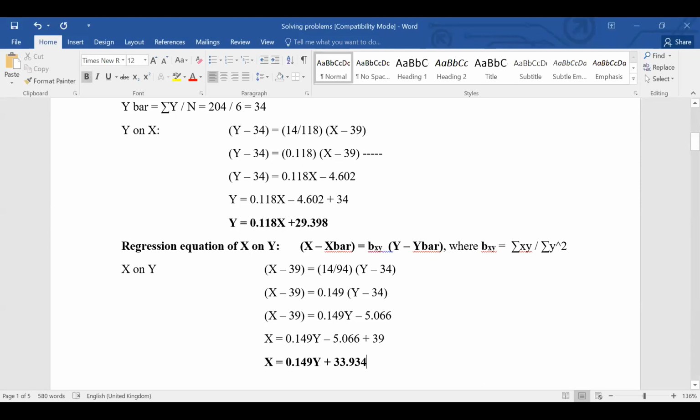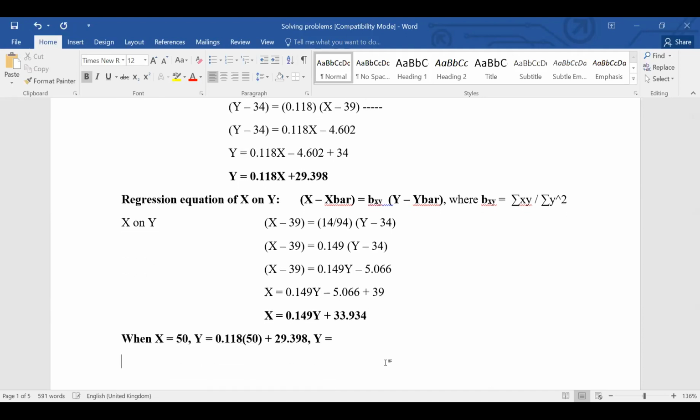Okay, now find that out and tell me. When x equal to 50, then y equal to 0.118 into 50 plus 29.398. So finally, what is the y value you are getting?